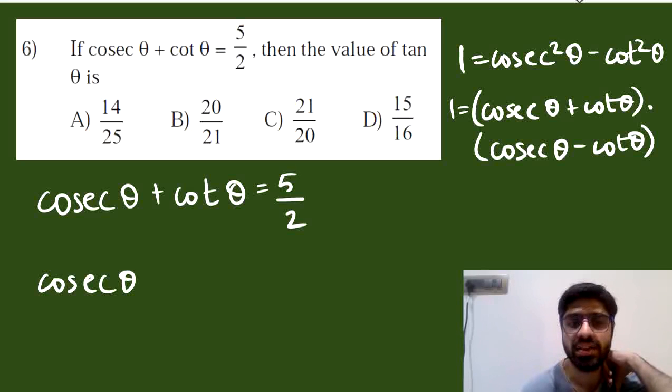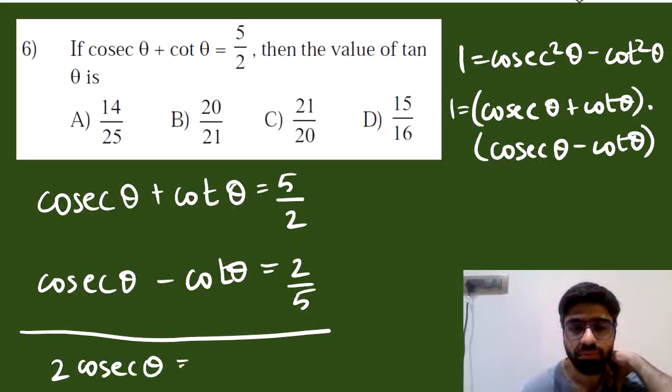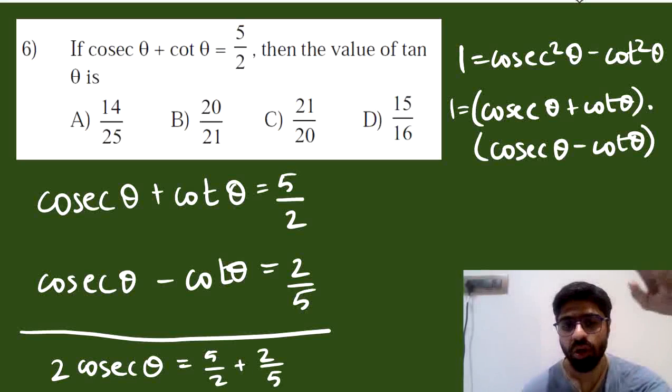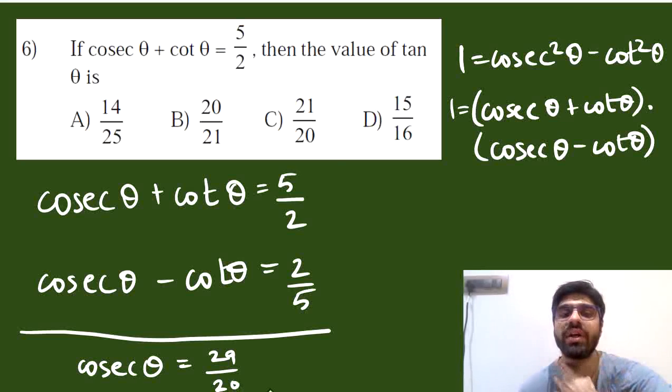So from here we can say that cosec theta minus cot theta would be the reciprocal of this, which is 2 by 5. Add up the two equations, so you have 2 times cosec theta as 5 by 2 plus 2 by 5. But 5 by 2 plus 2 by 5, cross multiply, that would be 29 upon 10. Take this 2 on the left, take that 2 on the right, which makes it 29 upon 20.